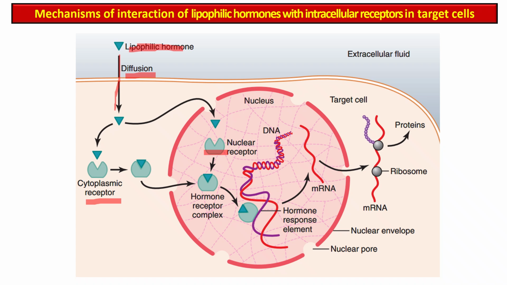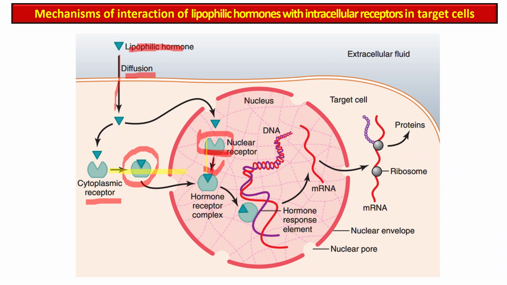So in the cytoplasm, this hormone binds to a cytoplasmic receptor, forming a hormone receptor complex, or in the nucleus, the fate is also formation of the hormone receptor complex. So when this hormone receptor complex is formed, the cytoplasmic one is translocated into the nucleus, or it is already present inside the nucleus.